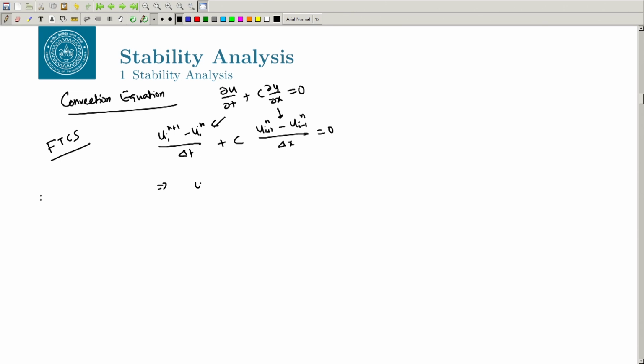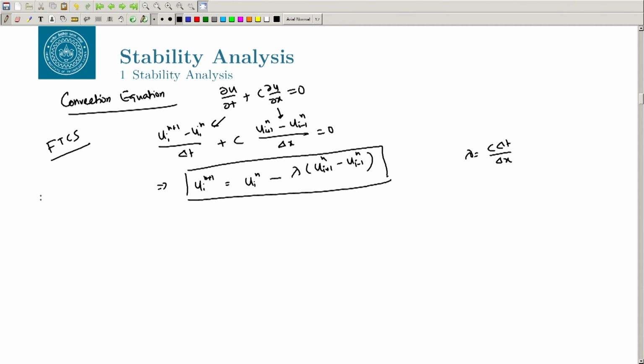So, that can be written as u I n plus 1 equal to u I n minus c delta t by delta x, which I will denote by lambda. So, lambda is equal to c delta t by delta x, and this is u I plus 1 n minus u I minus 1 n, right. So, this is our discretization scheme which will be used. Okay.